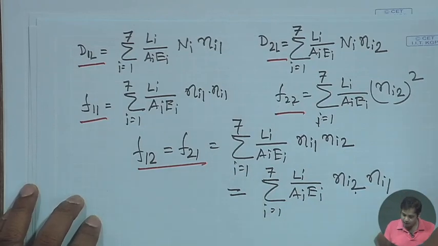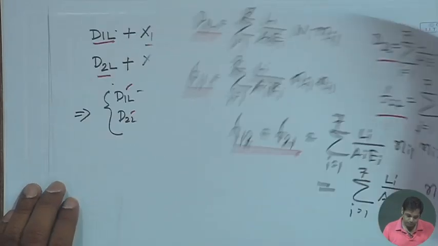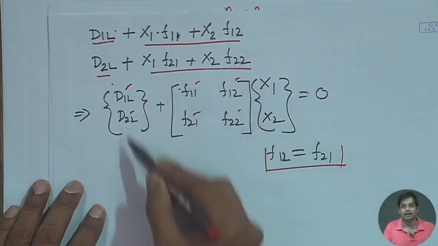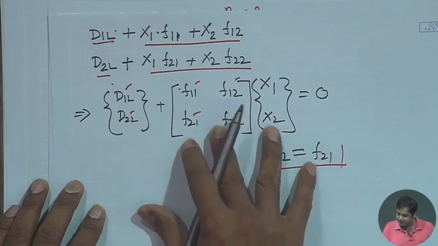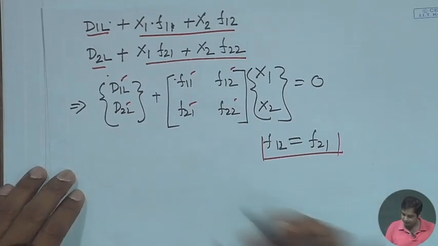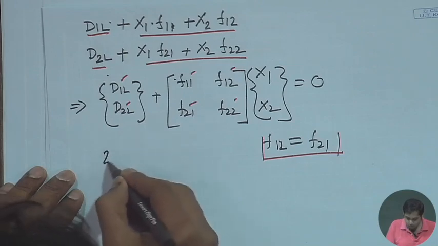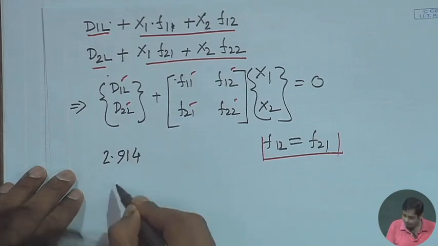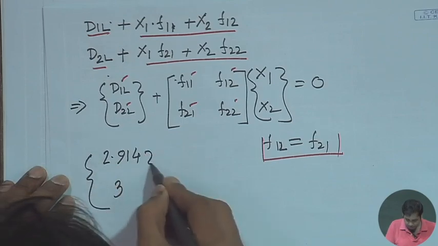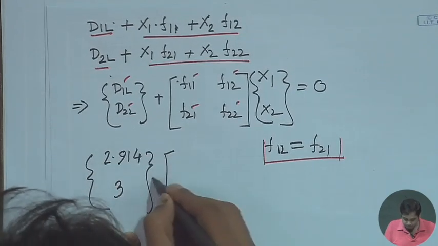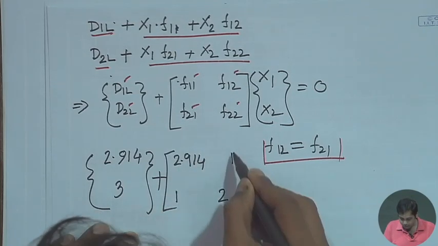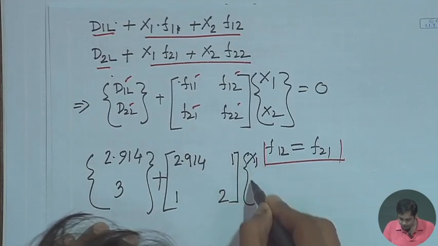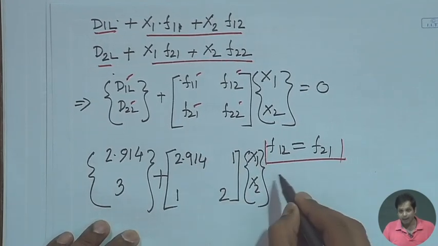Next, we need to substitute these in the compatibility condition, and I leave it to you. If we do that, the equation we get is like this: 2.9143 plus 2.914112, times x1 x2, equal to 0.